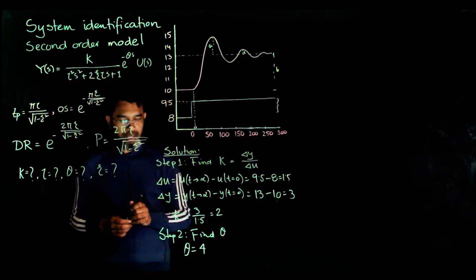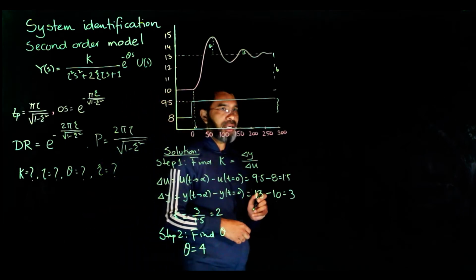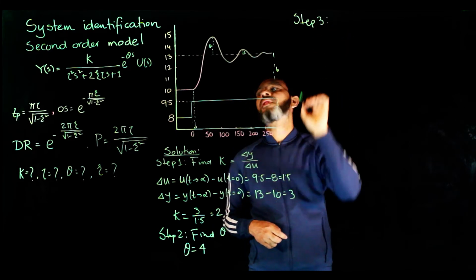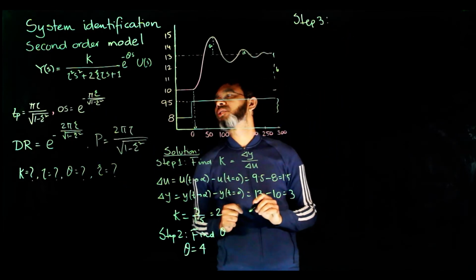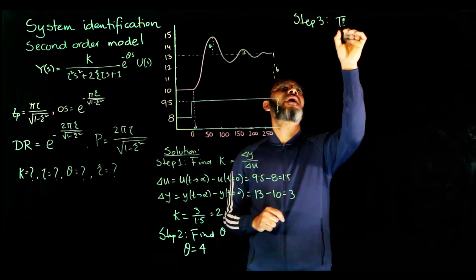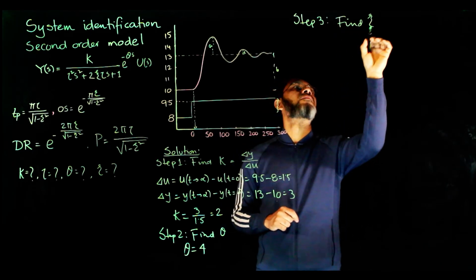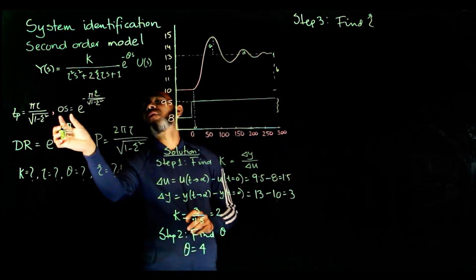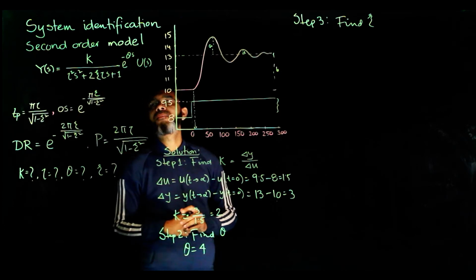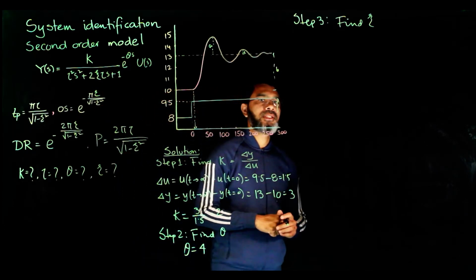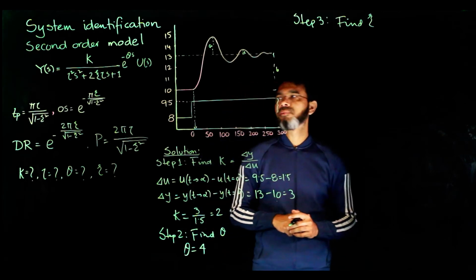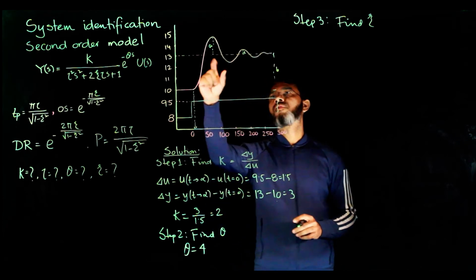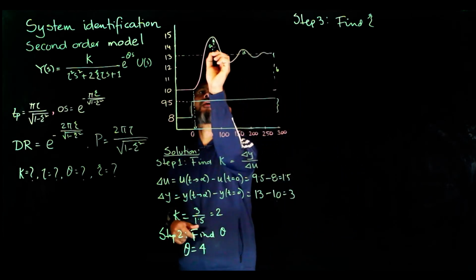Okay. The third step, you can use either of these two equations to get this damping coefficient. So find zeta. Now for doing that, if you look at the relation here, we have the overshoot equals e to the power negative pi zeta over the square root of 1 minus zeta squared. So for this case, we need to find what is the overshoot. Now from the curve here, you can figure out the value of a.